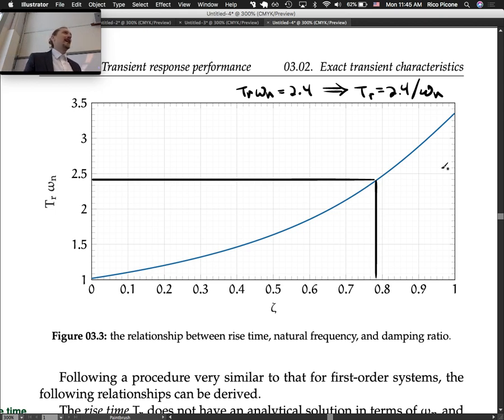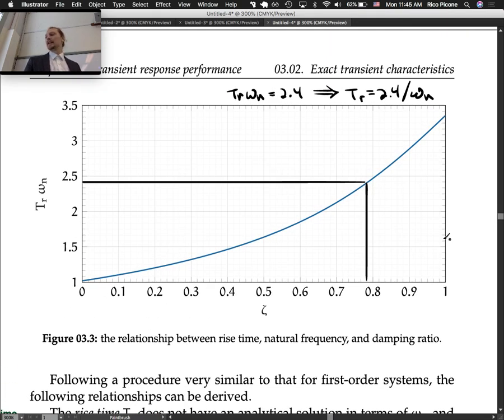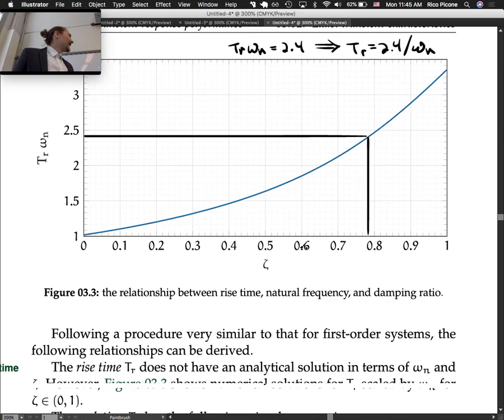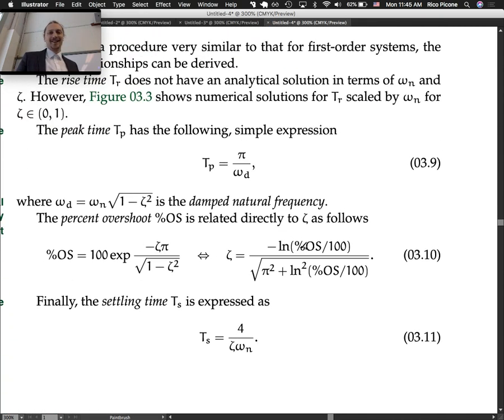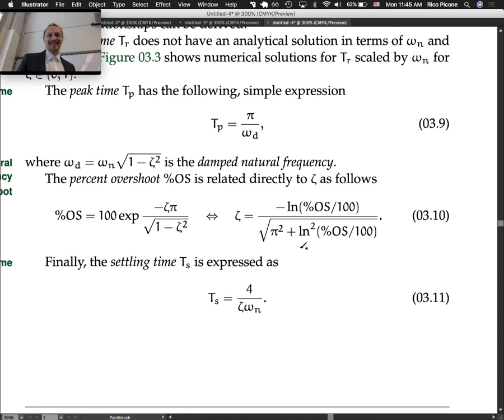If you increase the damping on your system and you suddenly change the input, it's going to be slower to respond the more damping you have. Okay. So this figure is pretty nice. It also appears in the Nise textbook, but it doesn't have grid lines on it. So I find this one to be a lot better. At least the digital one, when you zoom in, it's got nice grid lines. Okay.